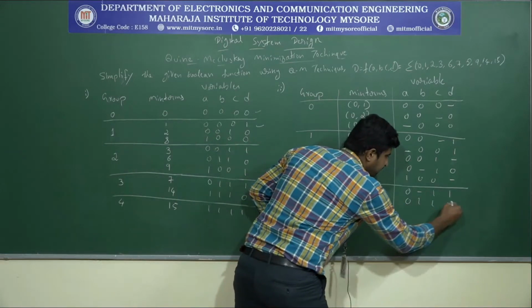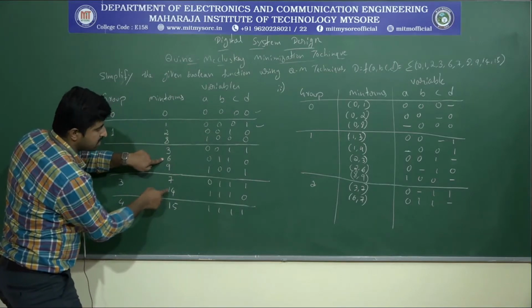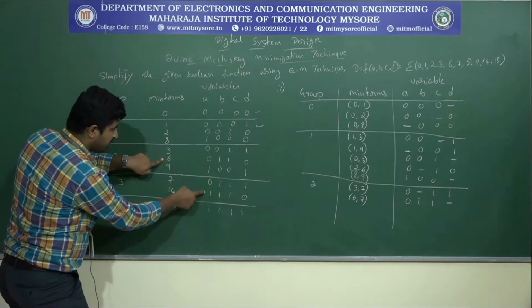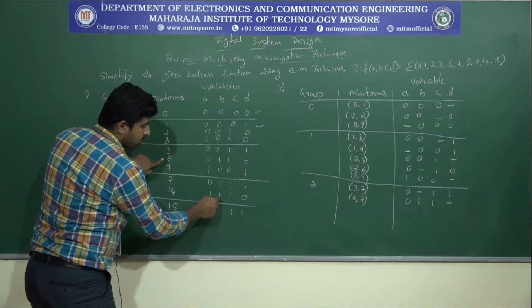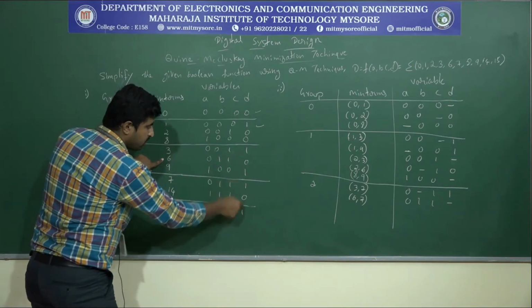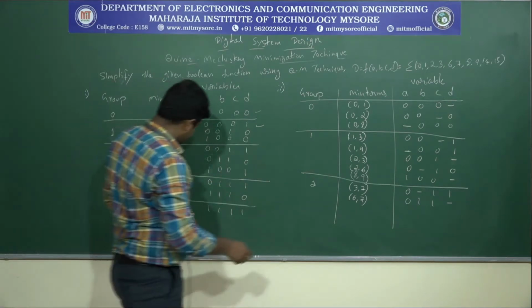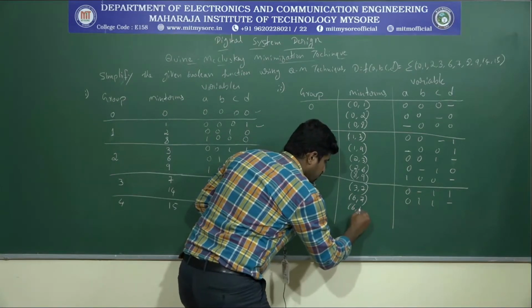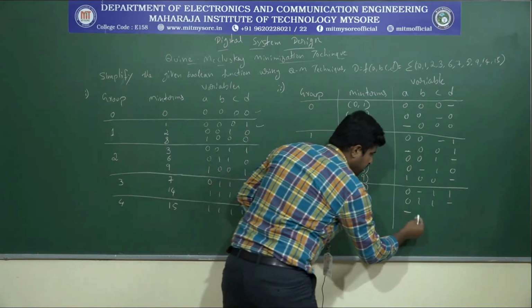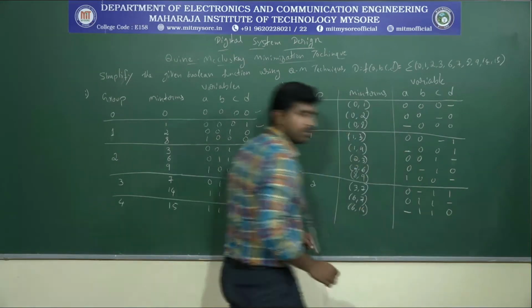Next, 6 with 14, yes, again we can group. 0 1 1 0 and 1 1 1 0, only one variable has been changed. So 6 and 14 can be grouped, dash 1 1 0.